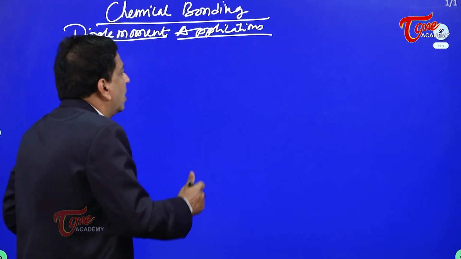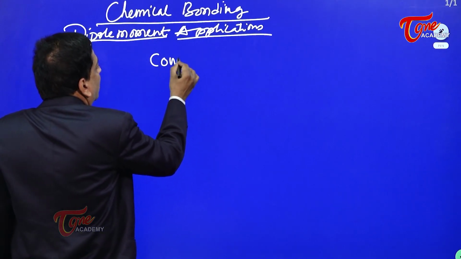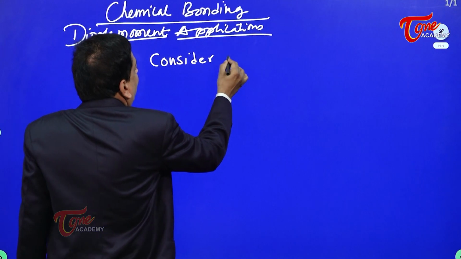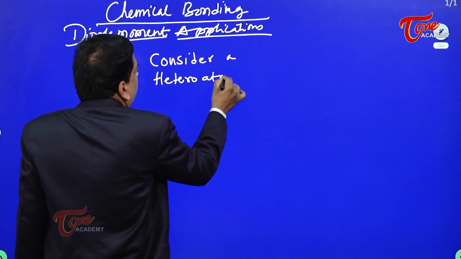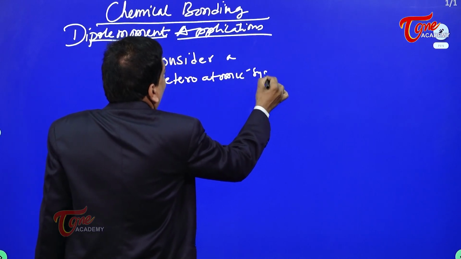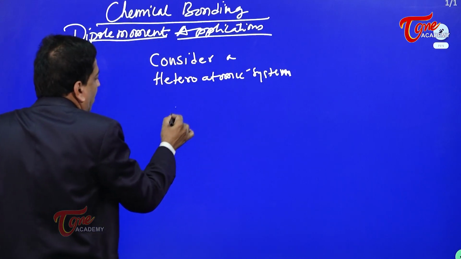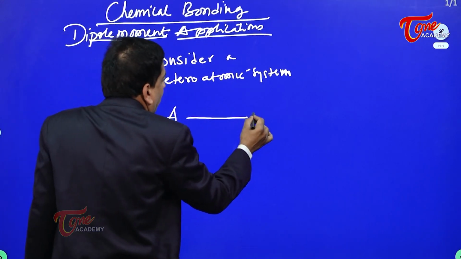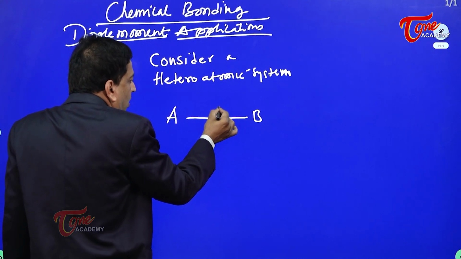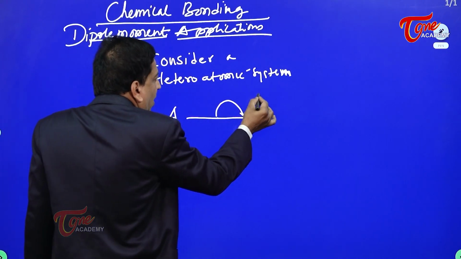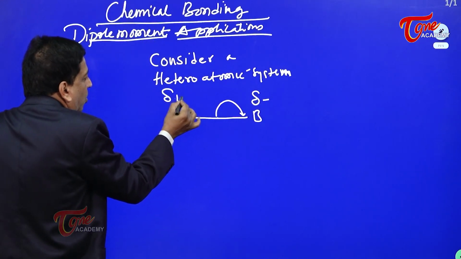Now look into this. If I consider a heteroatomic system, that means a bond between A and B, and suppose B is more electronegative, this bond pair is shifting towards B, and this develops a partial negative charge, and this develops a partial positive charge.